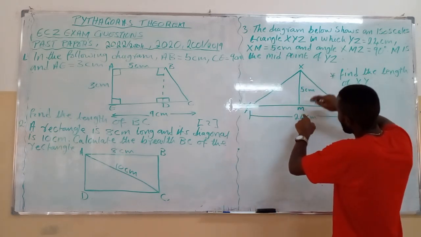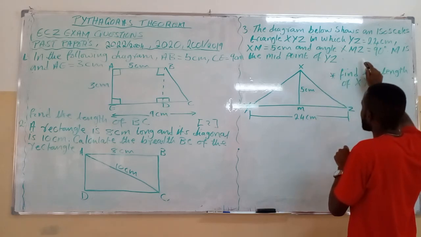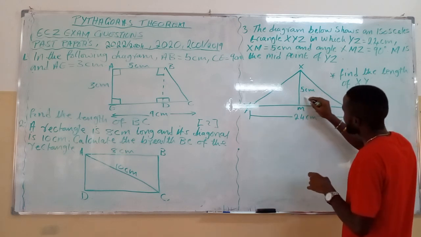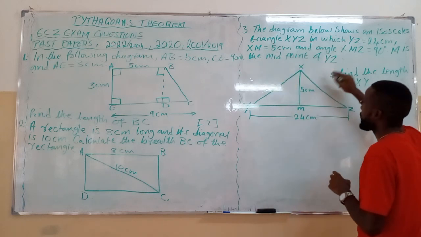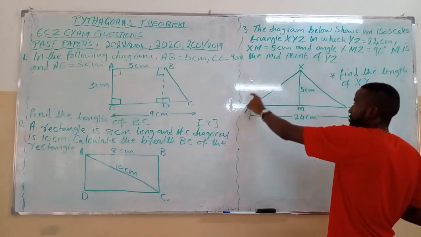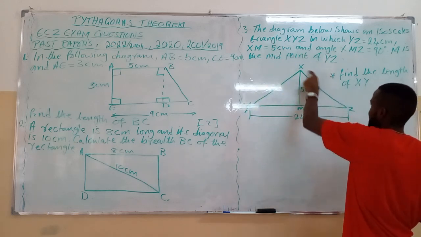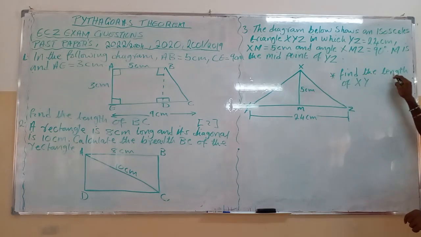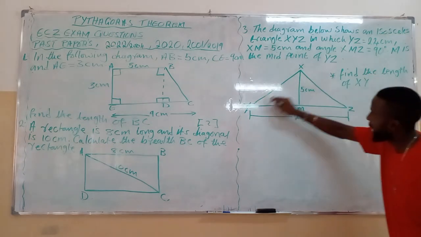XM, which is this one, is equal to 5 cm, and angle XMZ is equal to 90 degrees, meaning this one is 90 degrees. M is the midpoint of XZ. So the question is, find the length of XY.